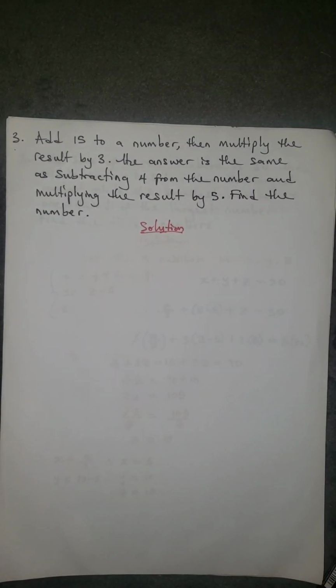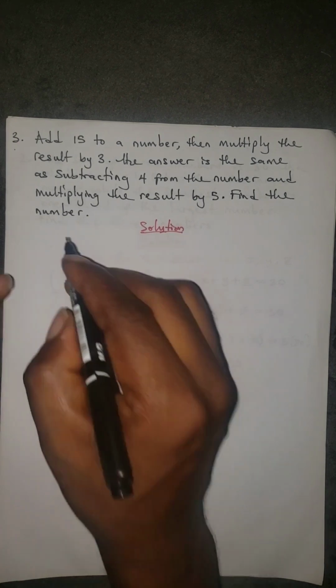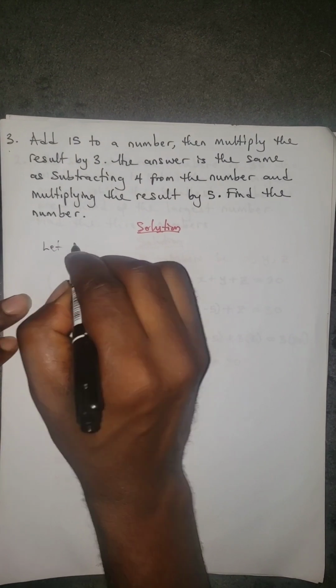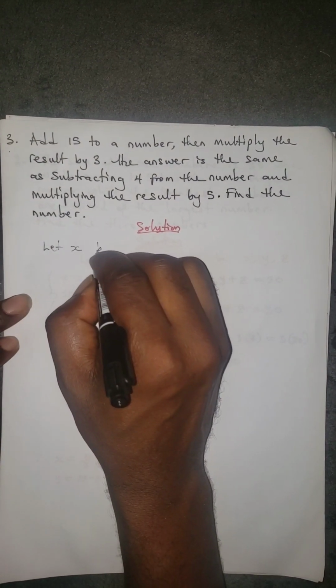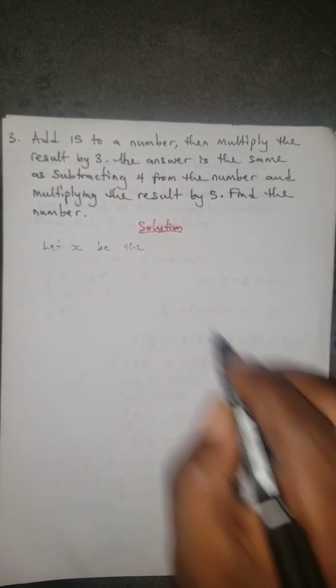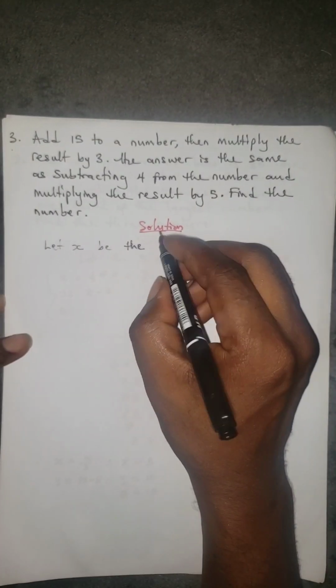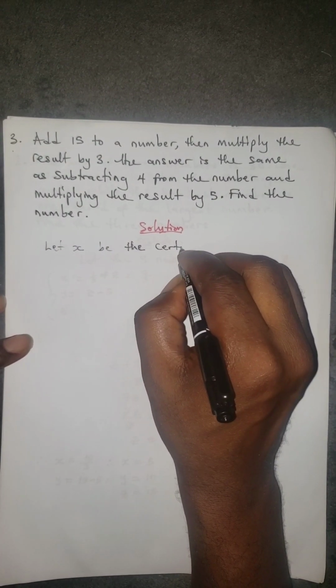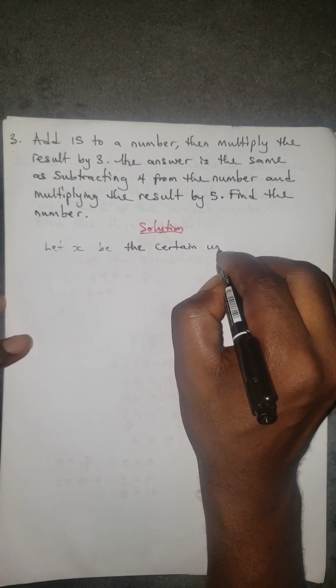So the first thing to do is to assign your variable. So we say let x be the certain number.